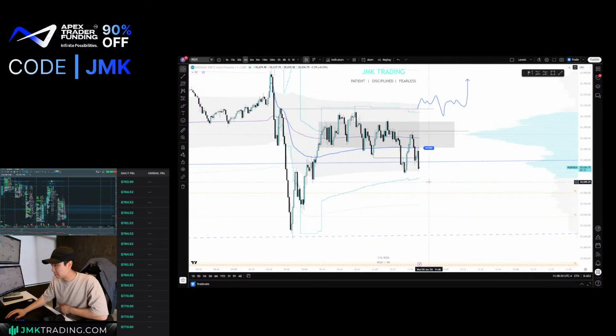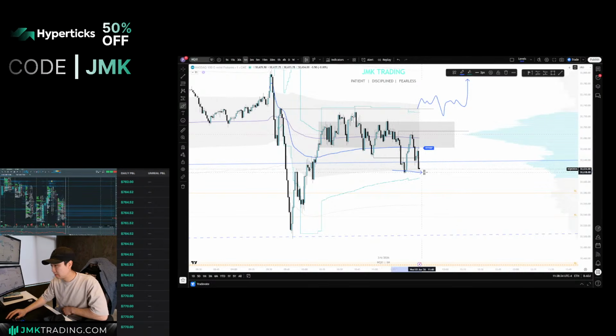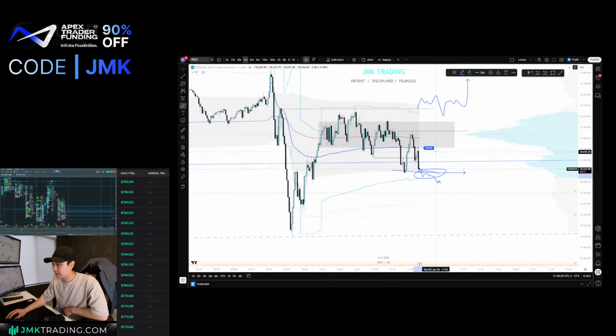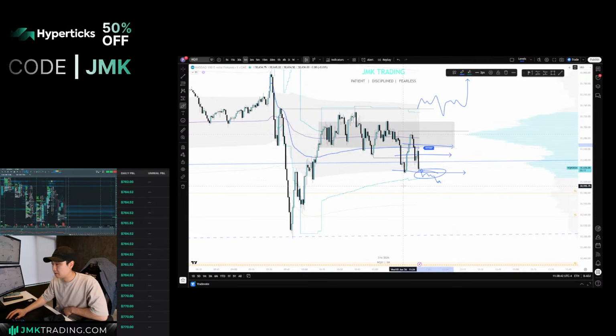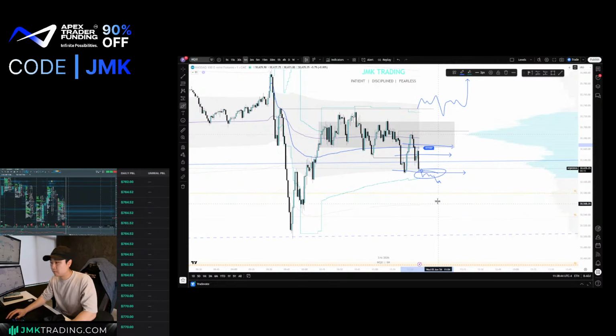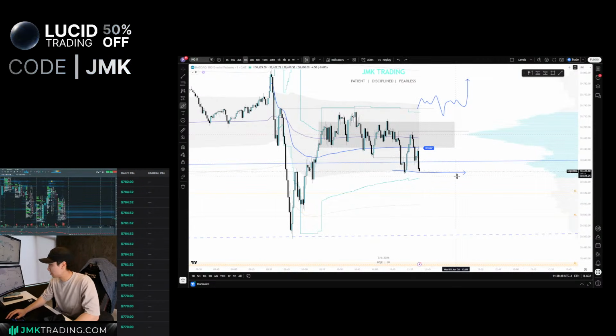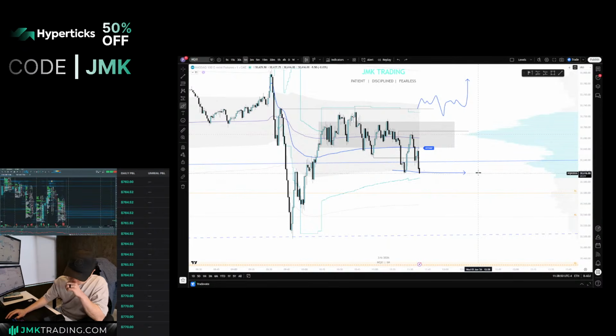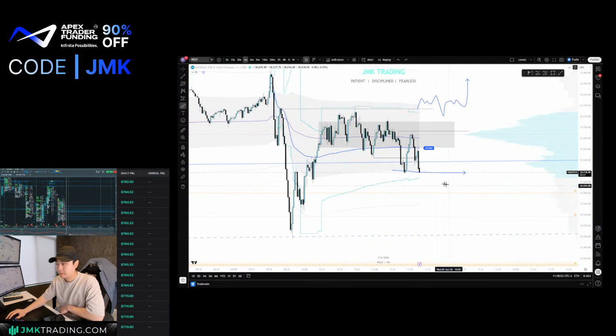Yeah, these shorts are looking really nice. I think you get pretty volatile, so I'd be careful. But like I said, once we start to break this, I'd be looking to add and possibly move my stop down here, stop down here. I think both are good places for stops. It is volatile, so be a little careful with your stops. I think once it breaks this, we can flush, right?